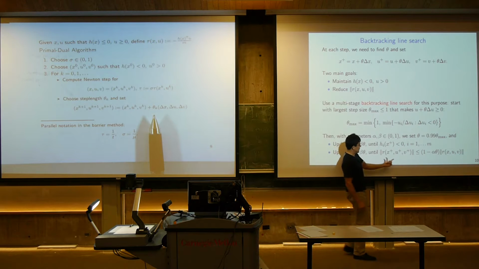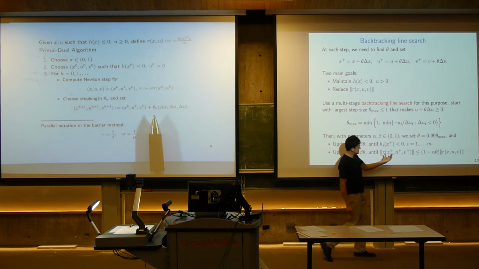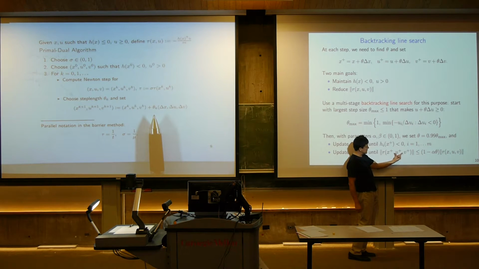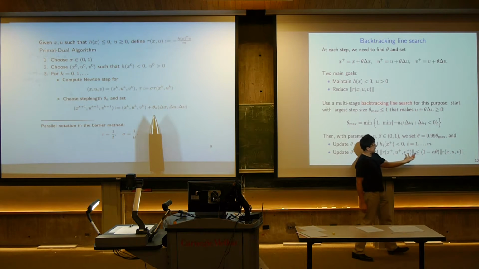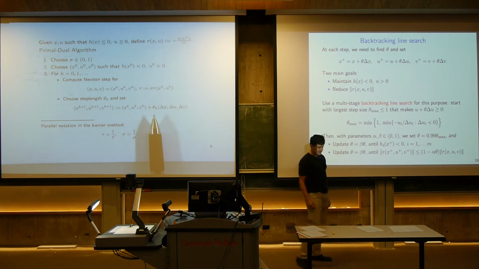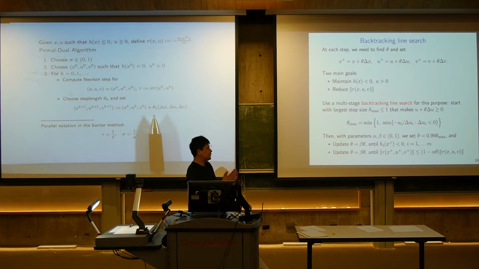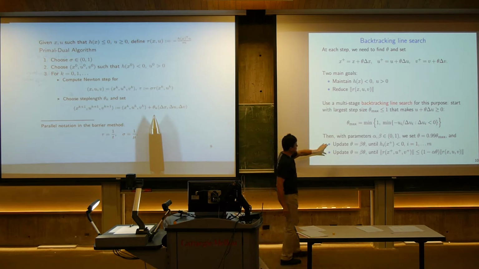So we keep shrinking the step length until the reduction in the norm of the residual is at least alpha times theta times the previous norm of the residual. These two will ensure that at every step we maintain the above two goals.